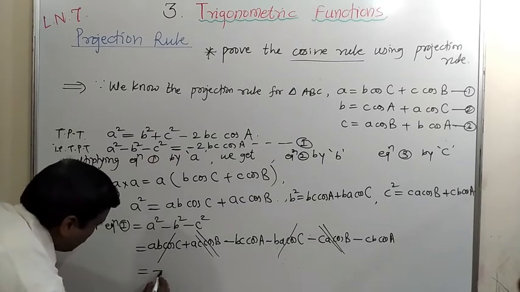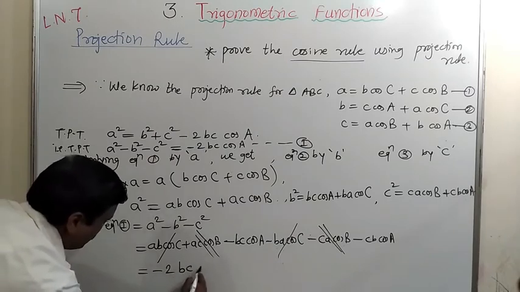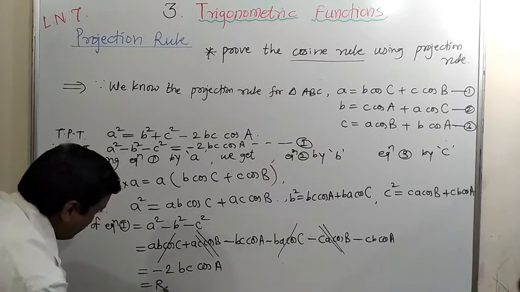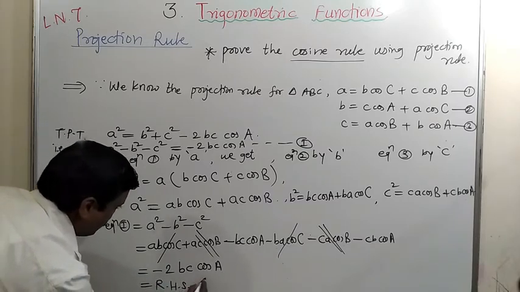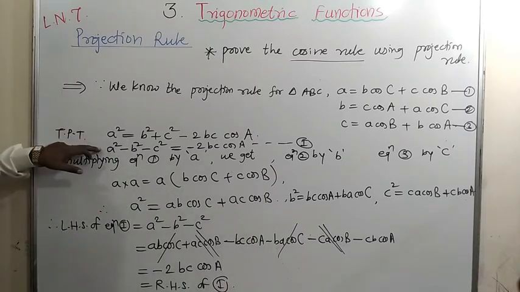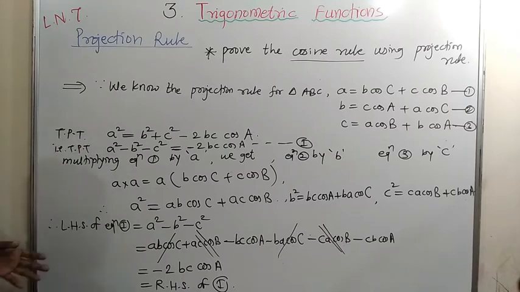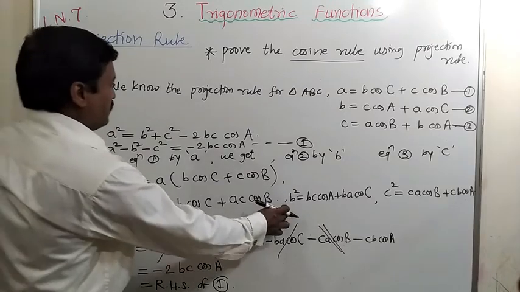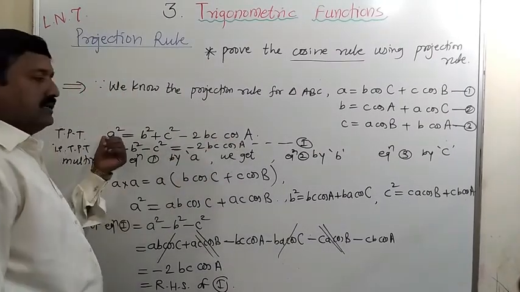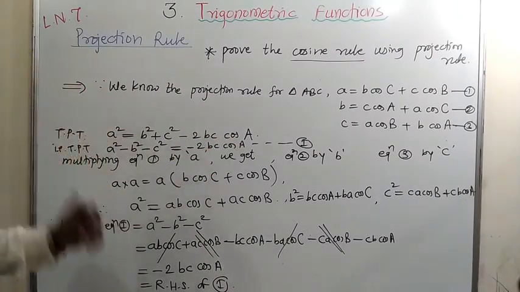So we get minus 2 times bc cos A, which is the RHS of first. So this is our cosine rule. Or you can take the addition of b square, c square, and with minus 2bc cos A you will get a square also.